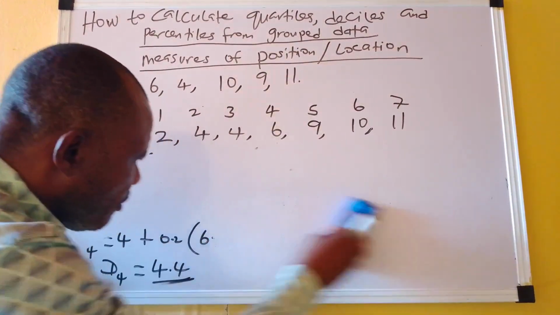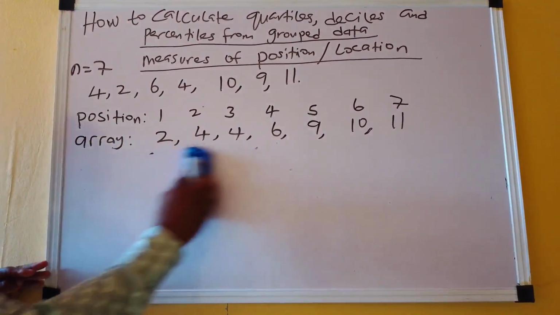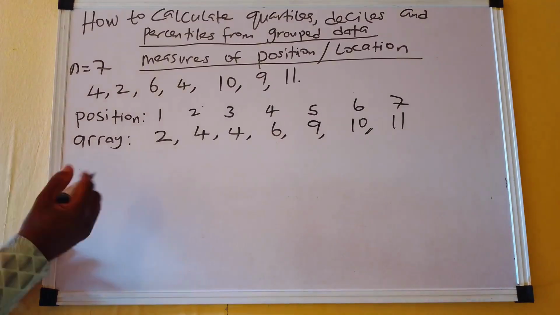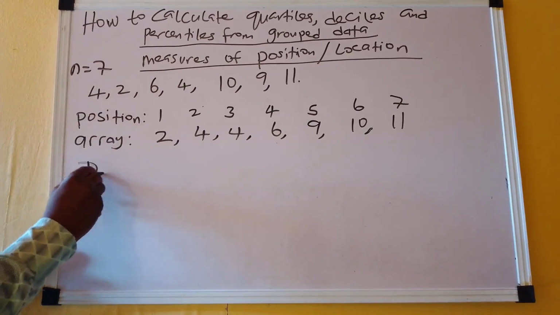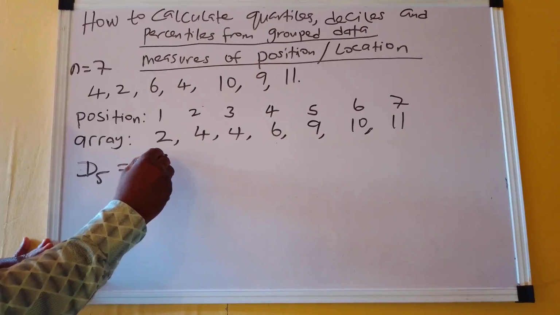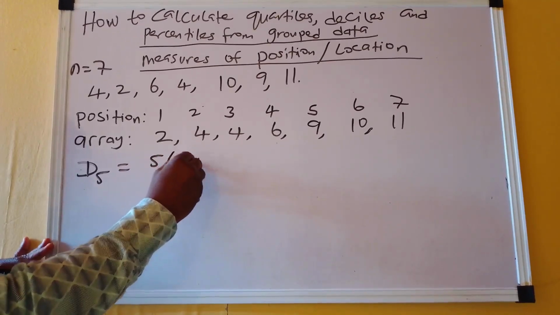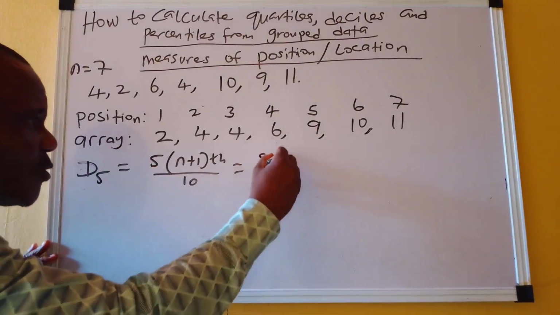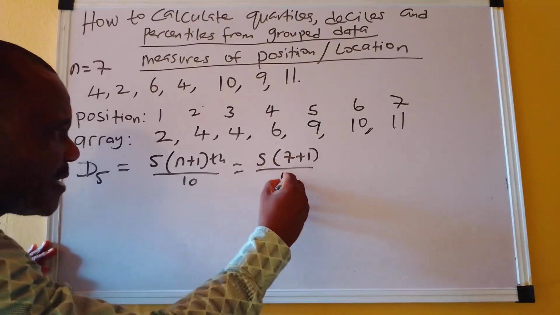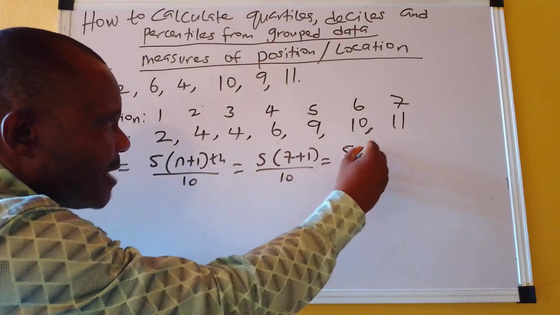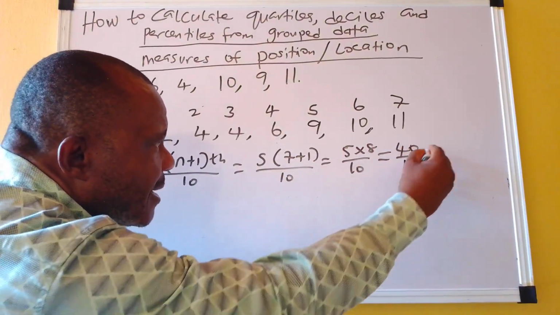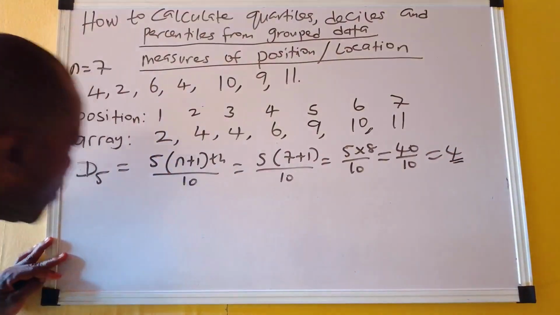Now, if we want to calculate our D5, we'll calculate D5 and later D7 or D6 before we move on. Let's calculate our D5. Our D5 is 5 into n plus 1 items all over 10. So this will be 5 into 7 plus 1 all over 10, which is equal to 5 times 8 over 10, which is 40 over 10, and that is equal to 4.